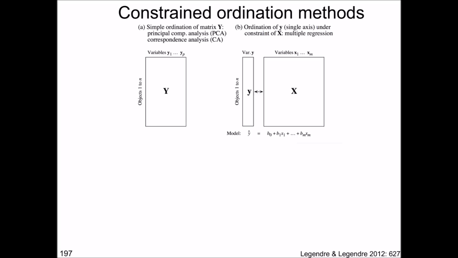Let's begin by recapping what we have done in previous parts of the course. In simple ordination, and this is shown in figure A on the top left, we have a matrix of variables and we have objects.